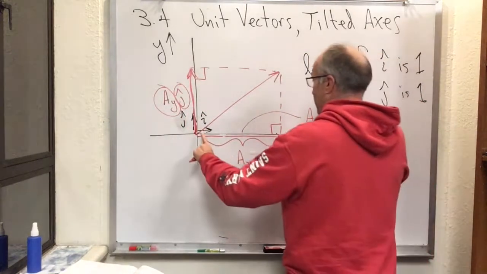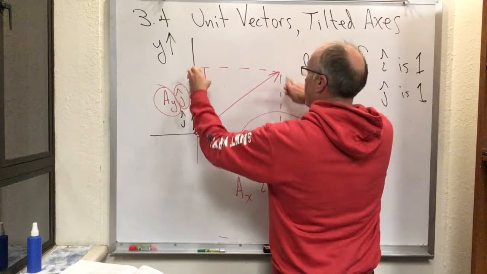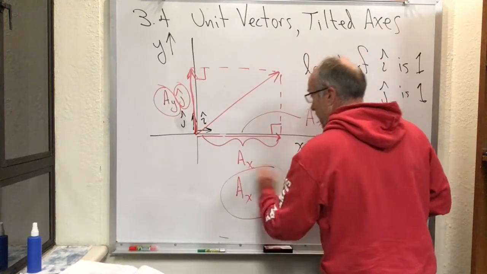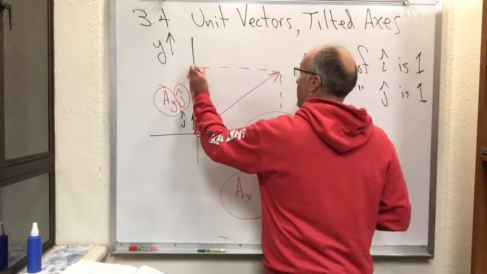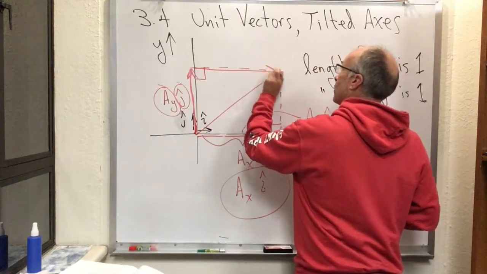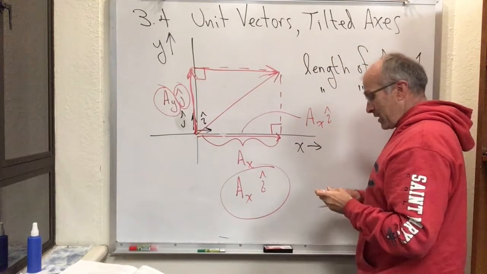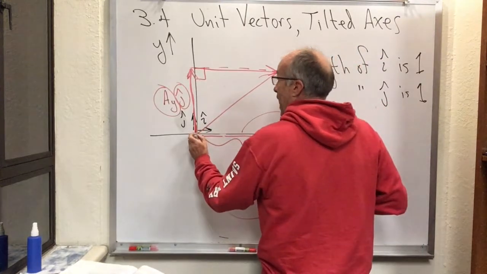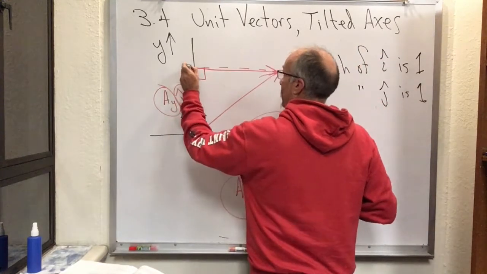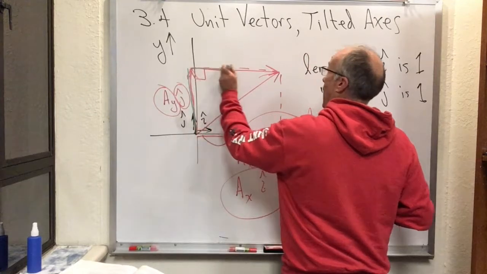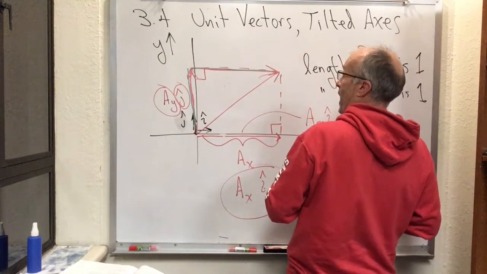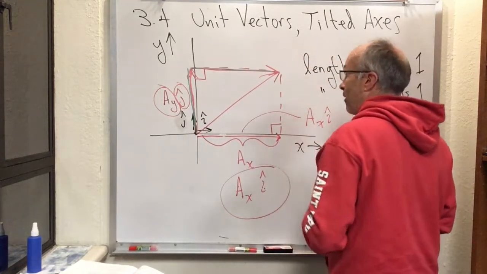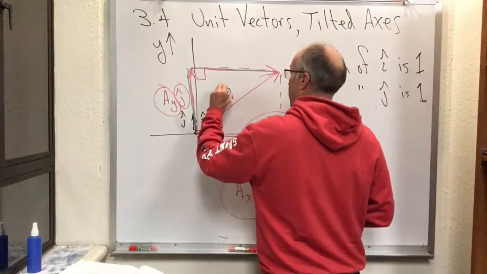And now if I take this vector, a sub x times i hat, I'm going to recopy it over to here. We see that a sub y times j hat plus a sub x times i hat added together makes a.